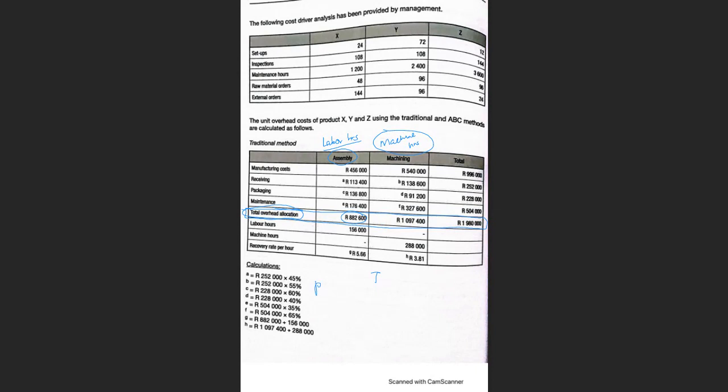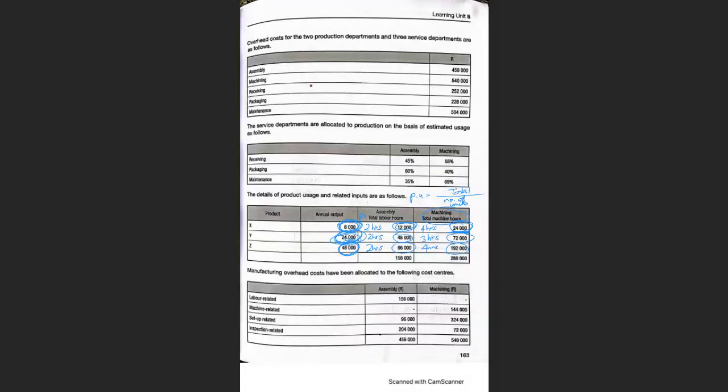To bring it to a per hour basis, again, we'll take the total and we'll divide it by the total number of hours. So 882,600 is the total assembling cost. Now we need to know how many labor hours were there in total, and that came from this column here.